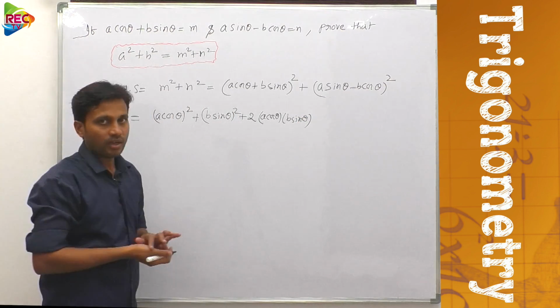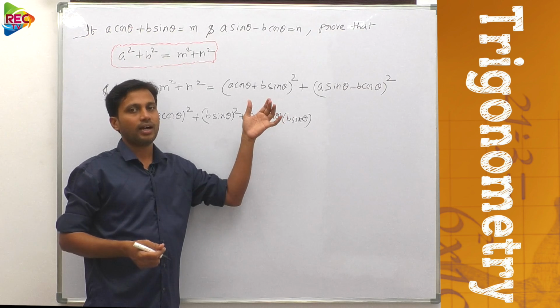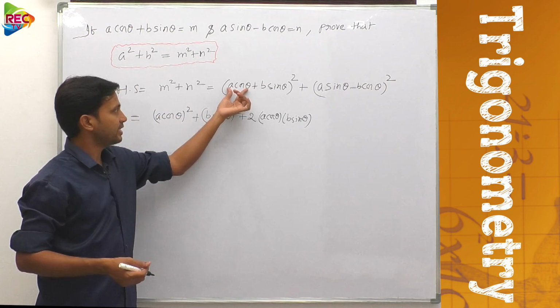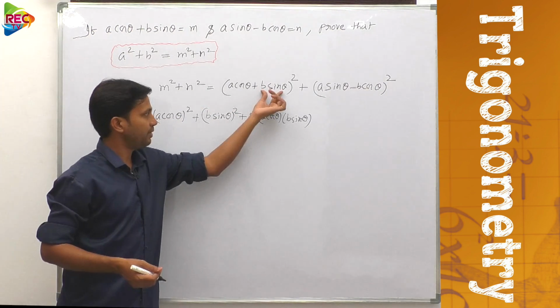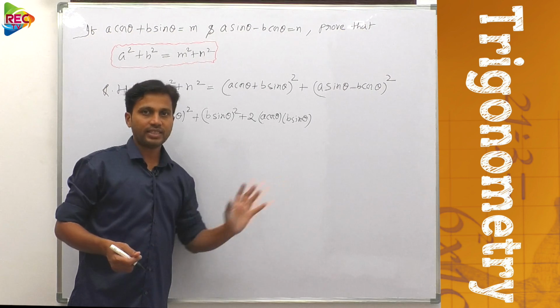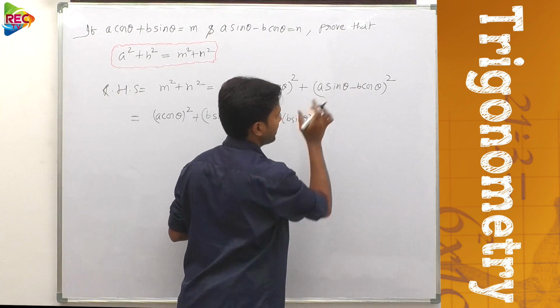Once again I am telling you, I just have expanded using the a plus b whole square formula. a square, this square, b square means this square, and 2ab, like this I have expanded.